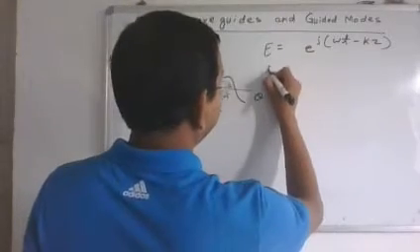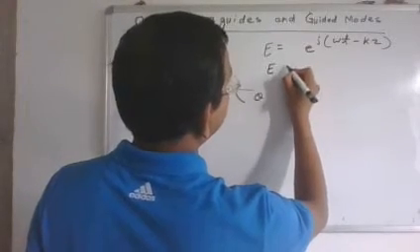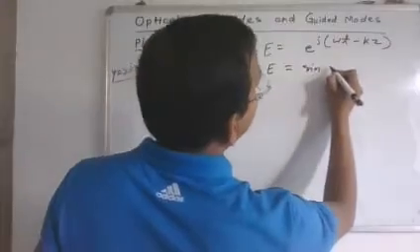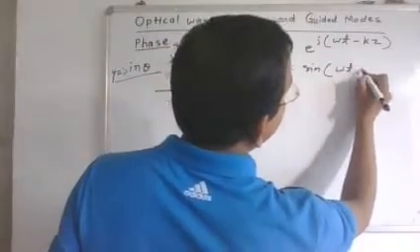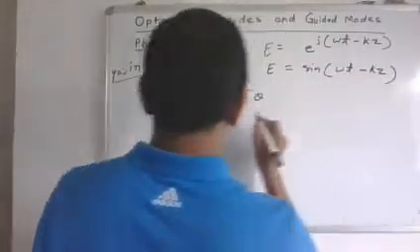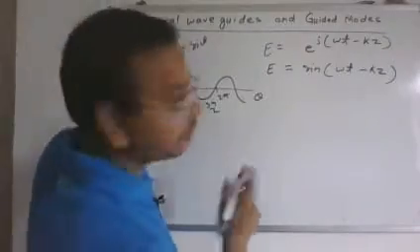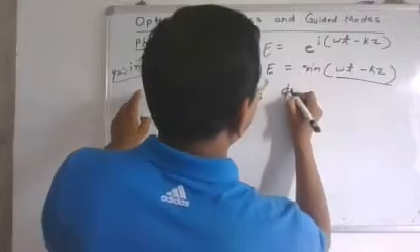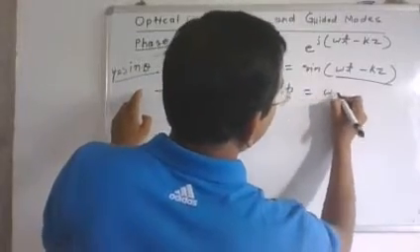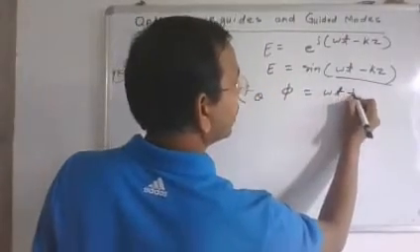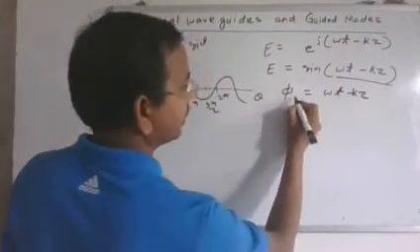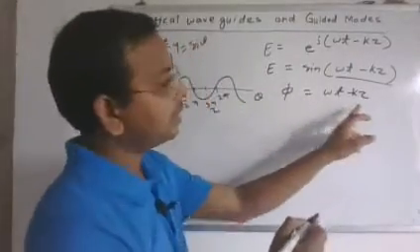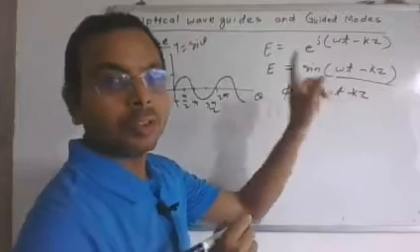When we take the real part, it's written as sine of (omega t minus kz). So in place of theta, here it is omega t minus kz. We can write it as phi also. Phi equal to omega t minus kz is called the phase. This whole omega t minus kz part is the phase.